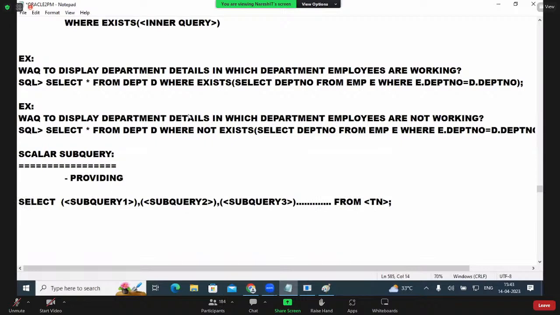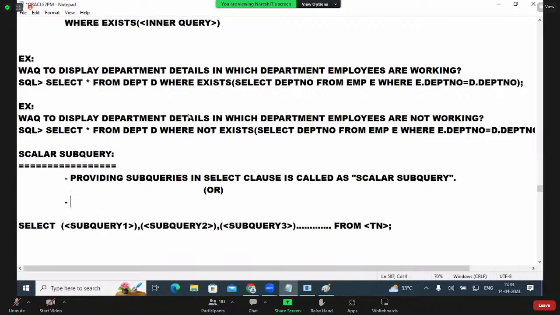Providing subqueries in select clause is called scalar subquery.